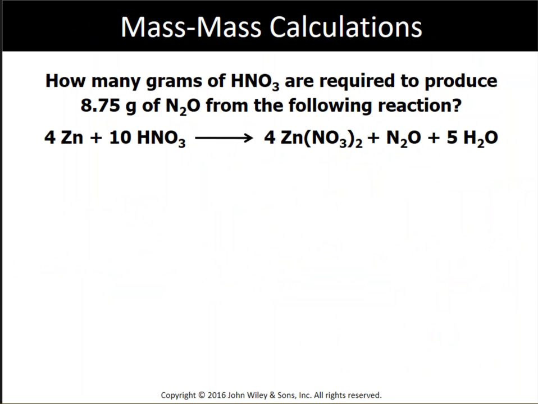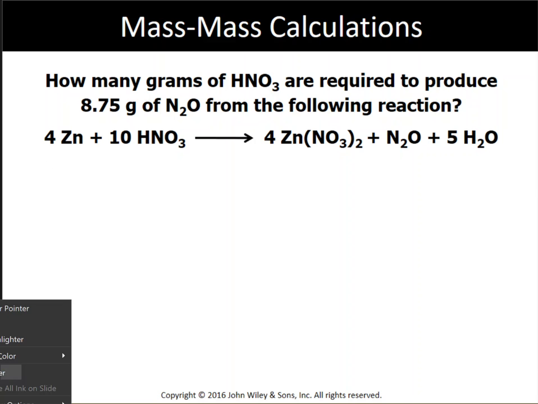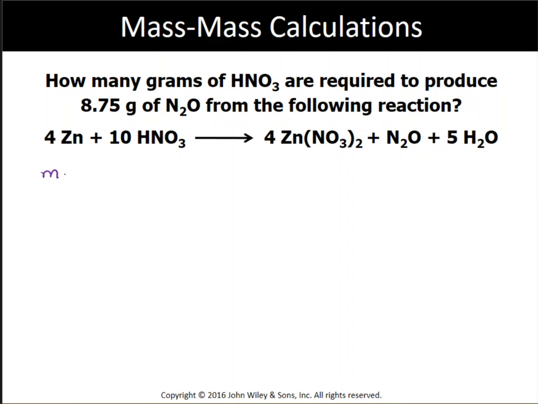So how many grams of nitric acid are required to produce 8.75 grams of dinitrogen monoxide from the following reaction? So what's given to us is the mass of dinitrogen monoxide, and we're trying to find the mass of nitric acid.